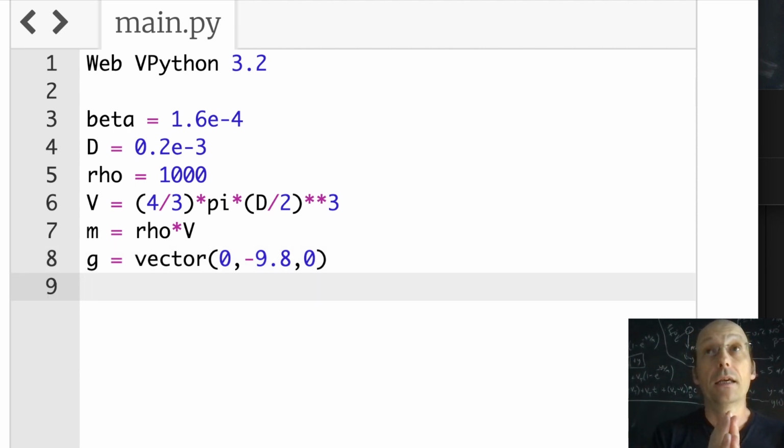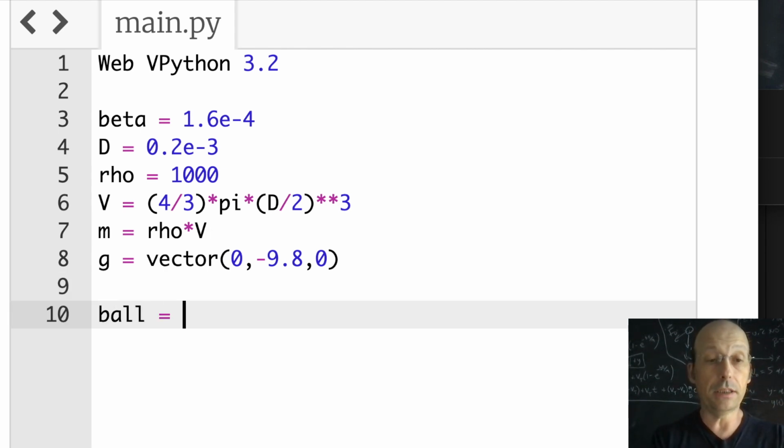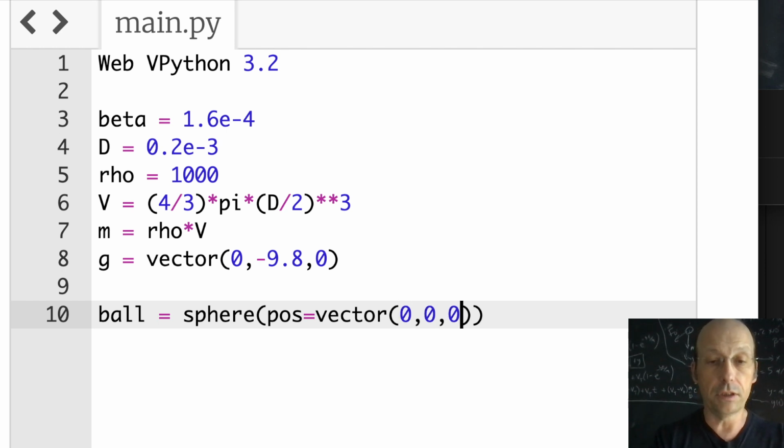Now let's go ahead and make my ball. I'm going to just call it a ball. So the ball is a sphere, which is a 3D object in WebVPython. Its position is going to be at the origin, vector 0, 0, 0.